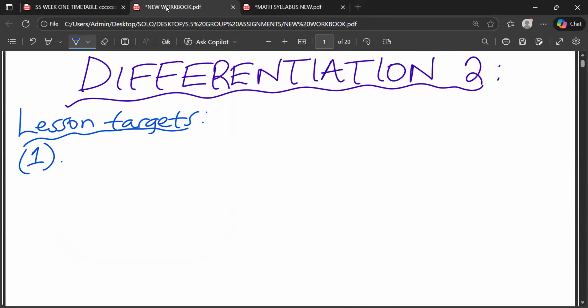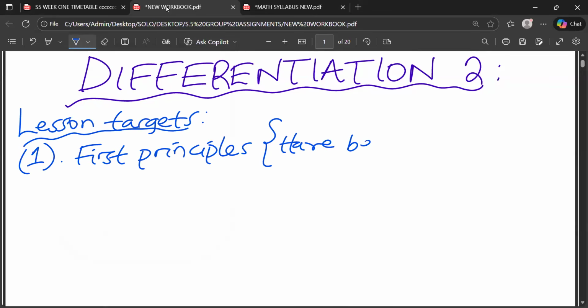So one, the first one would be first principles, but we have said that these ones have been pushed for reasons I've explained.